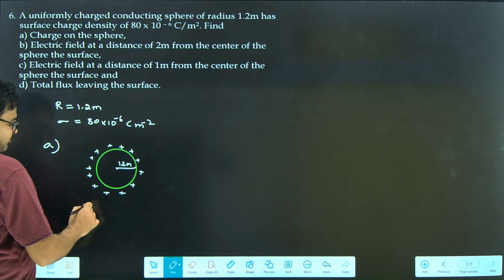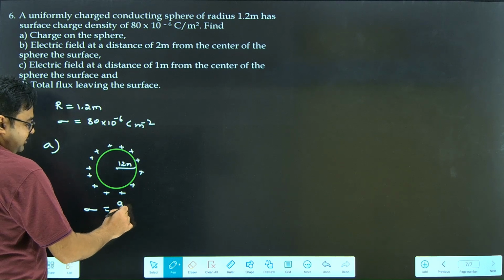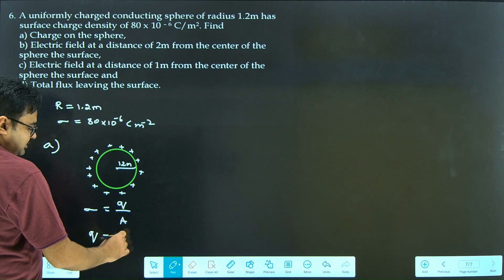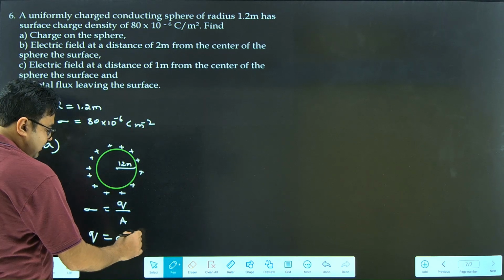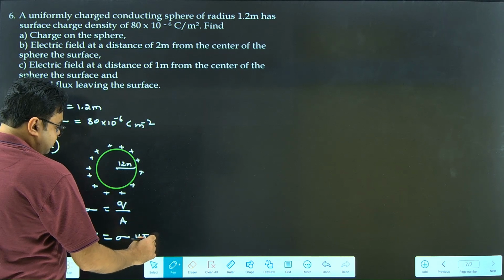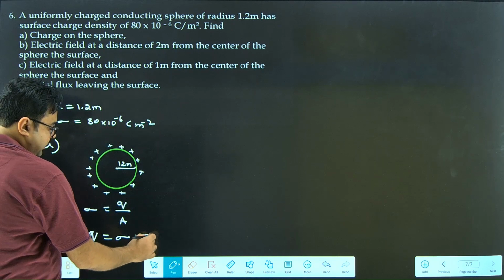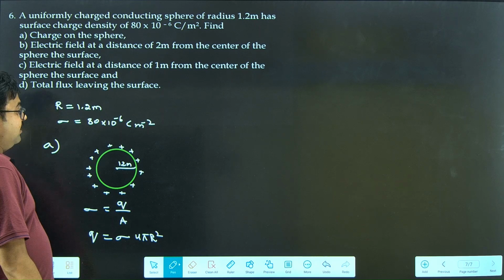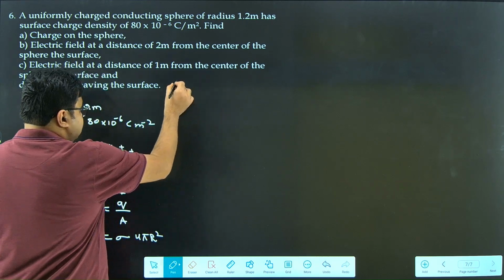Surface charge density essentially is defined as charge divided by area. So charge can be calculated as surface charge density multiplied by area. Area is 4 pi r square. That's the surface area. All that you have to do now is just substitution.